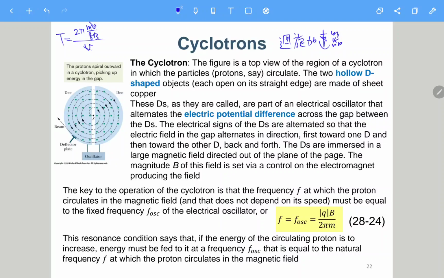So v and v cancel, and it turns out to be 2 pi m over qB. So you can see that this is actually the reciprocal: this is qB over 2 pi m, and this is 2 pi m over qB. So the frequency of the oscillator is nothing but the reciprocal of the period, so it turns out to be qB over 2 pi m. So we need to change the E field frequency.